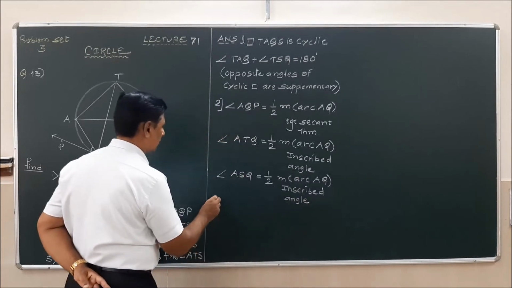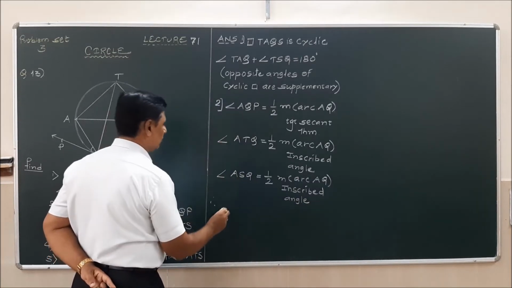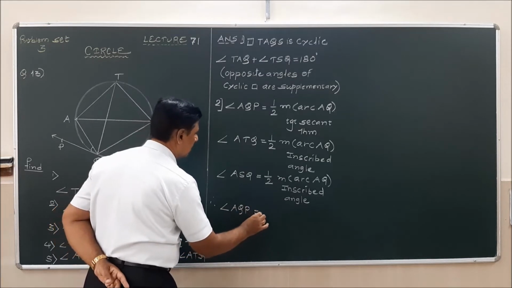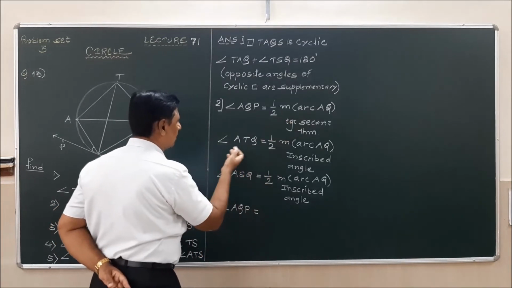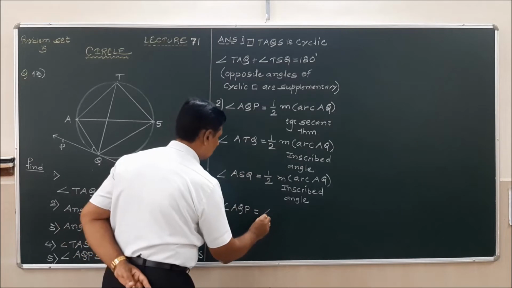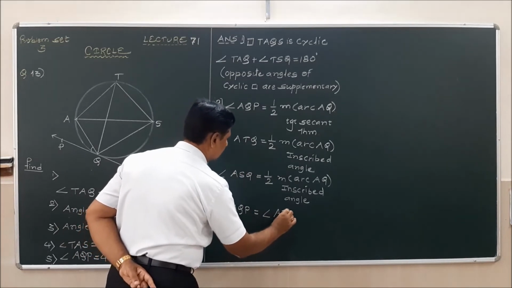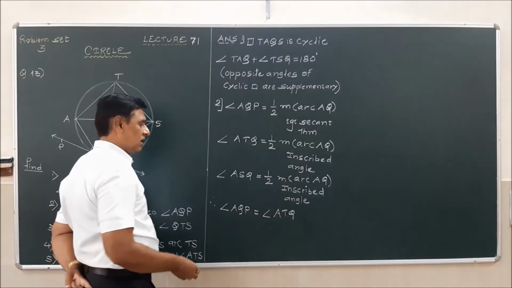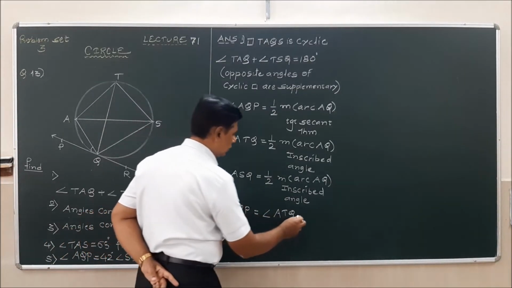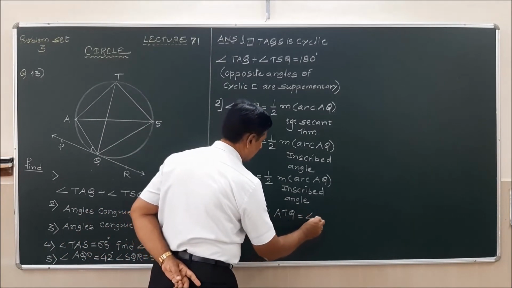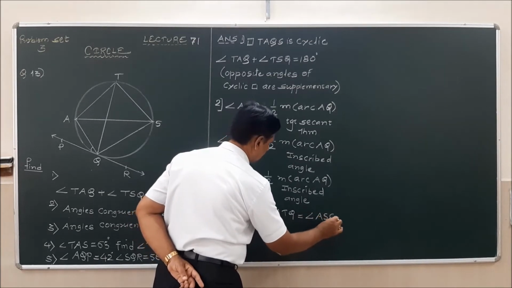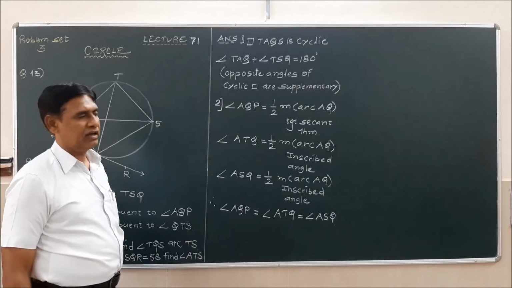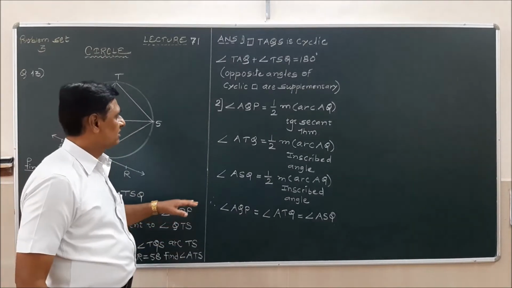So therefore, angle AQP is equal to half arc AQ. Angle ATQ is also equals to half arc AQ, as well as angle ASQ is also equals to half arc AQ. So this is how you will find.